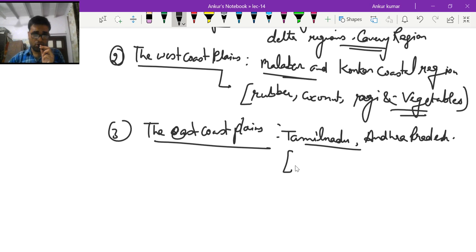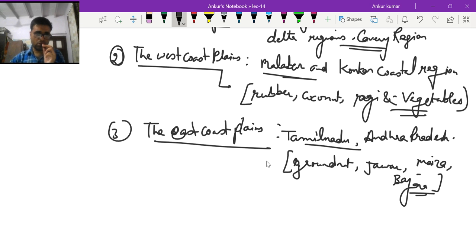Along with rice, other crops are groundnut, jowar, maize, and bajra. These are the associated crops. This is the third region where rice is the main crop. Coming to the fourth, it is the Middle Ganga Valley.